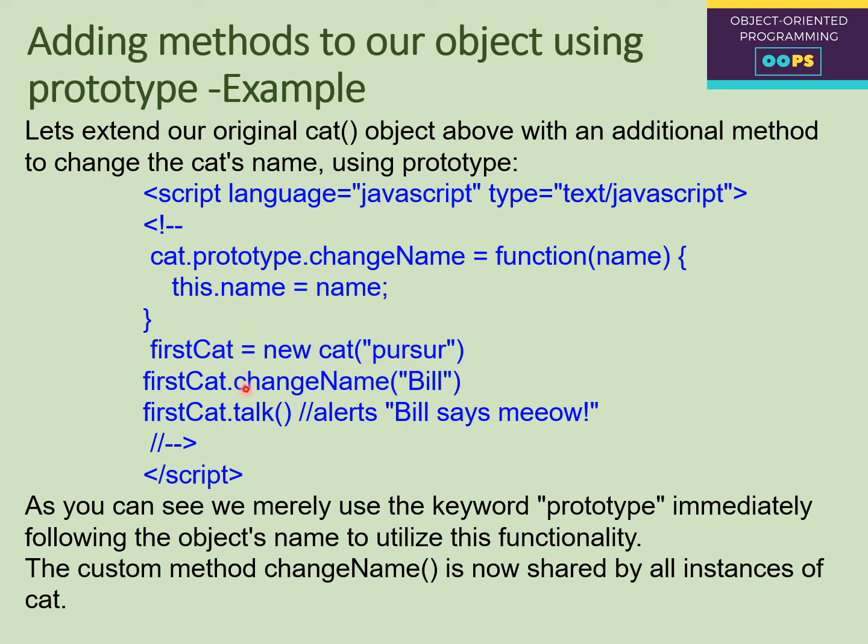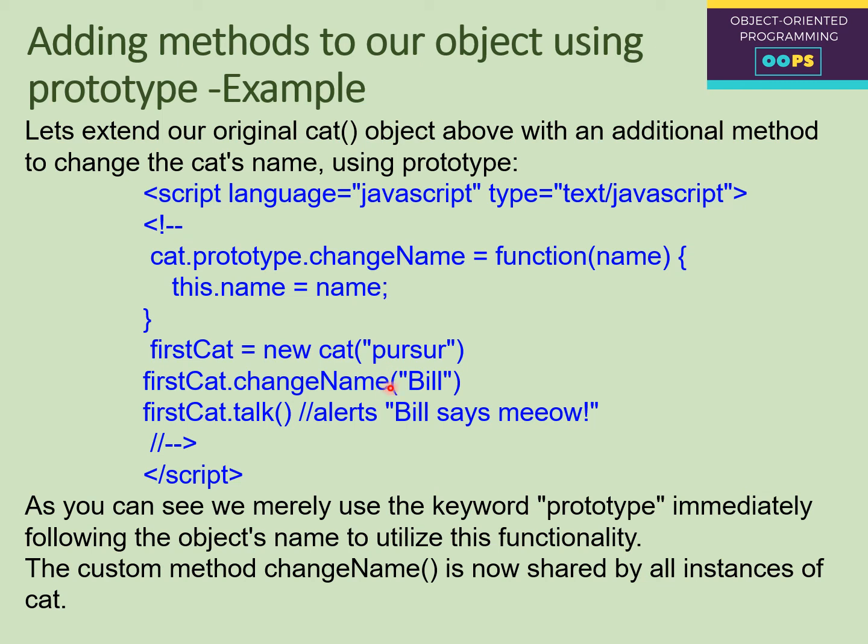Then after that, firstCat.changeName of Bill. So initially the firstCat variable has the name Parser, and now we are trying to change the name to Bill. So here we are calling changeName with the argument Bill. So Bill is copied here, and this.name will be assigned Bill.